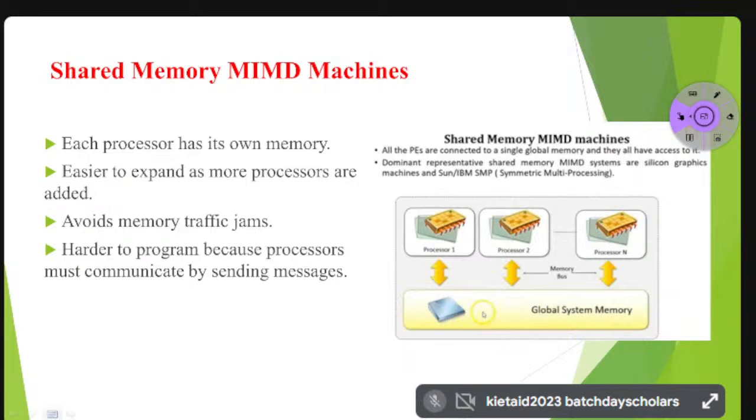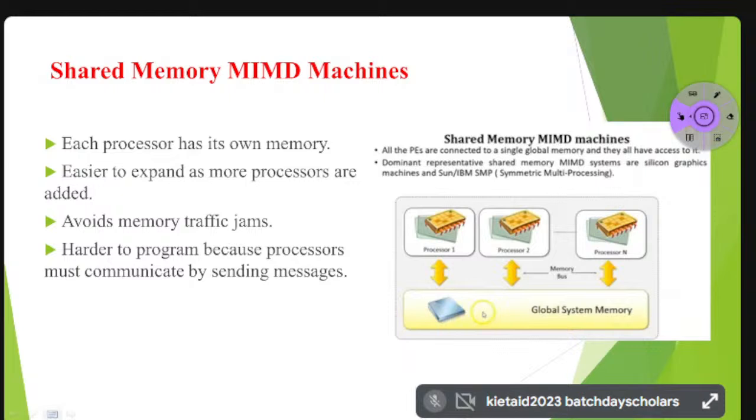It avoids memory traffic jams, because the performance or execution speed is very fast. But it is harder to program because processors must communicate by sending messages. The disadvantage is that whenever you wish to communicate with processor 1 or processor 2, we have to write a logic.